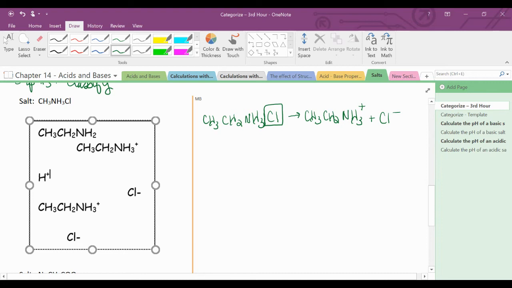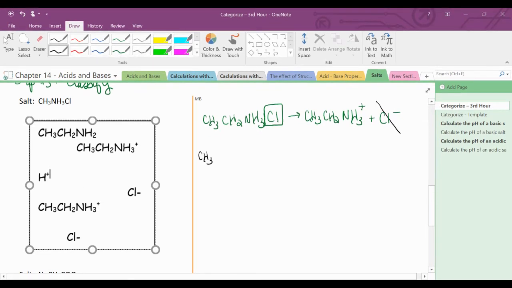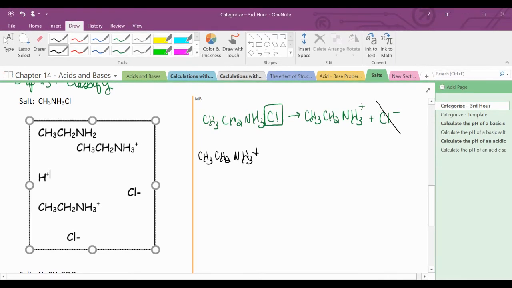All right, step number 2. We're going to cross out the spectator. So the spectator here is the anion. And so that means the player for pH is the cation that I have. Right? So this cation is going to react with water.